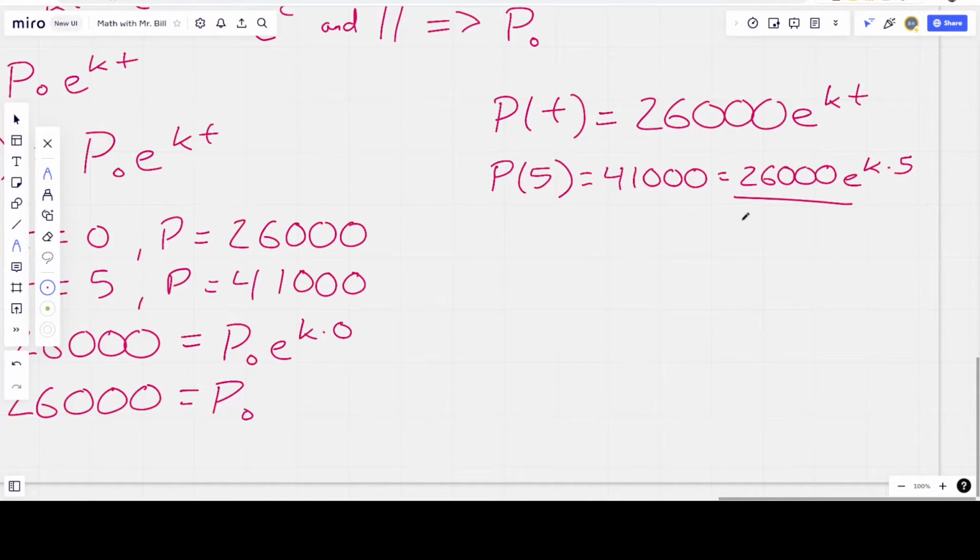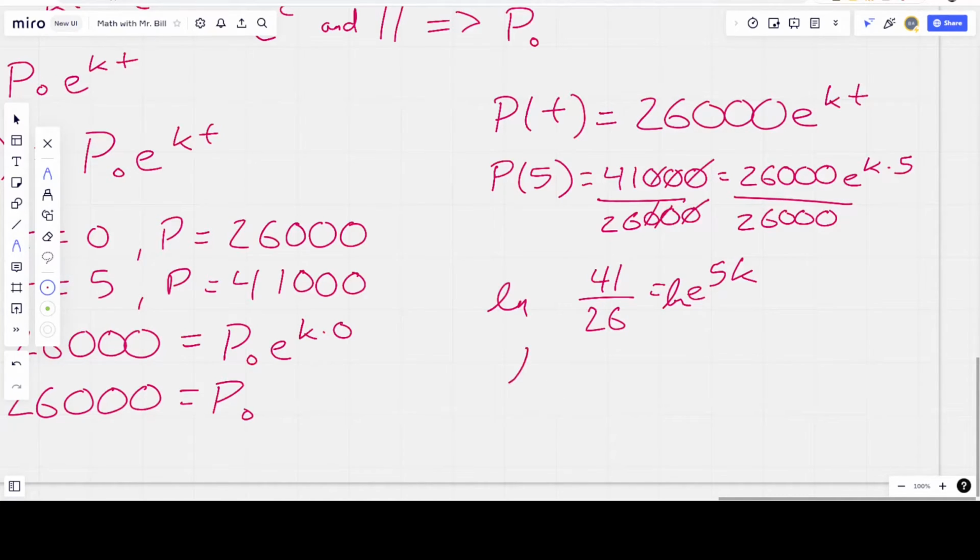So now we need to solve this for k. So we'll divide both sides by 26,000. And we get some cancellations here. And we get 41 over 26 is equal to e to the 5k. So we take the natural log of both sides.